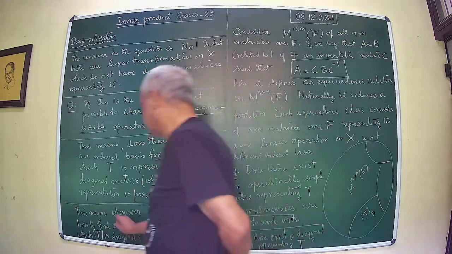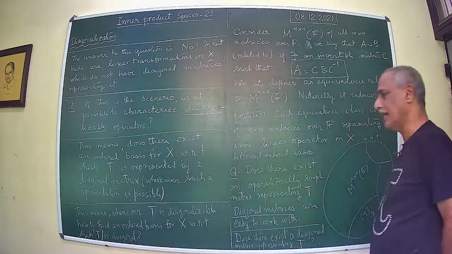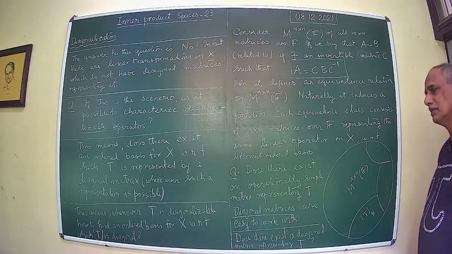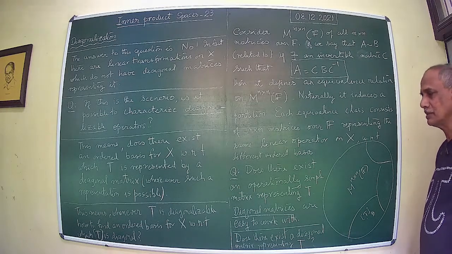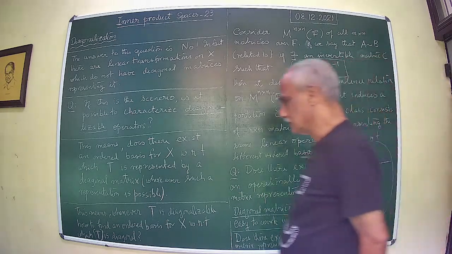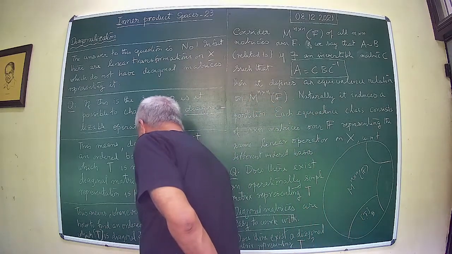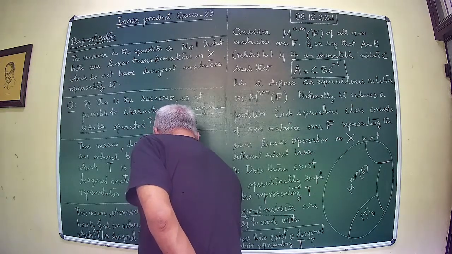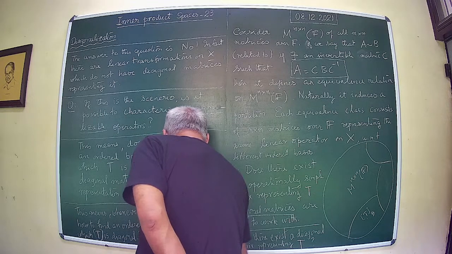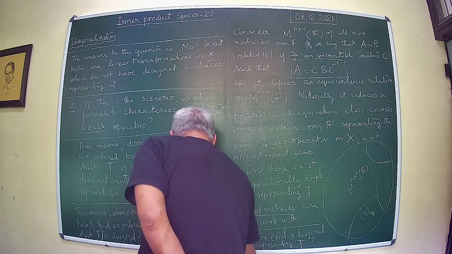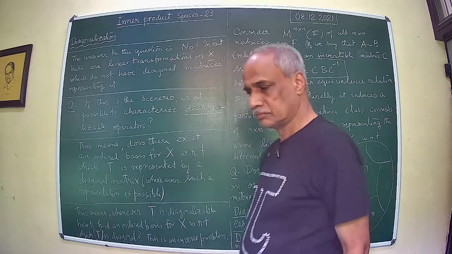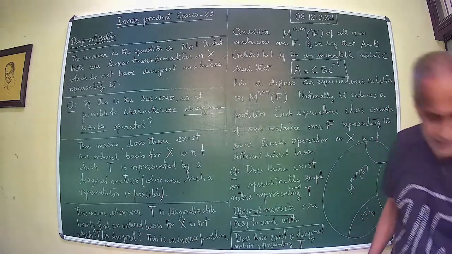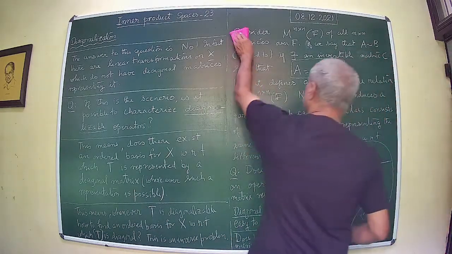So that's the problem. Whenever T is diagonalizable, how to find an ordered basis for X with respect to which the matrix representative is diagonal. So this is an inverse problem, and therefore difficult. It is not directly just computing something, but going beyond that.